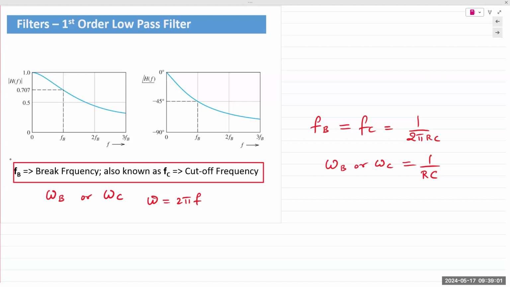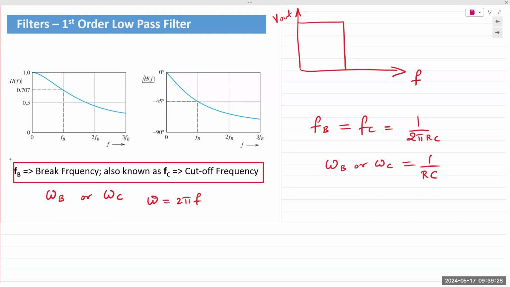So these plots here just show how the normalized values of the transfer function will look for a low pass filter. An ideal low pass filter will look like this. Sharp drop. You have frequency F on the x-axis, and let's say this could be V out.